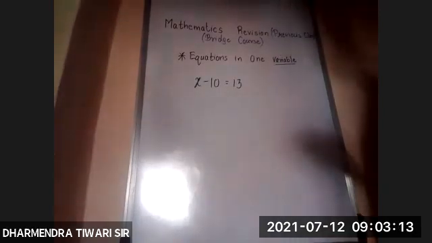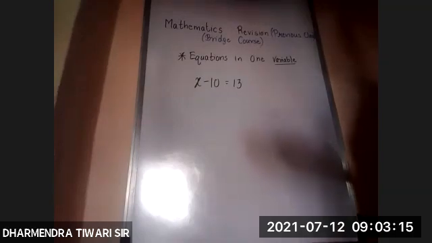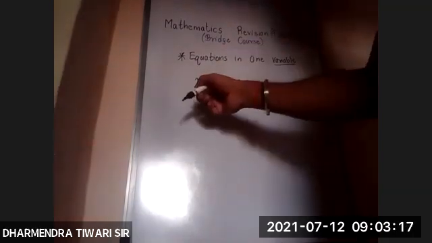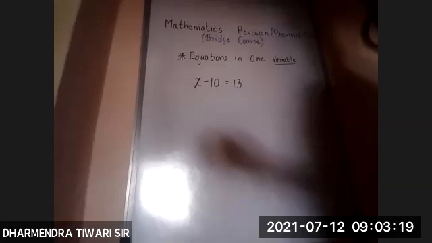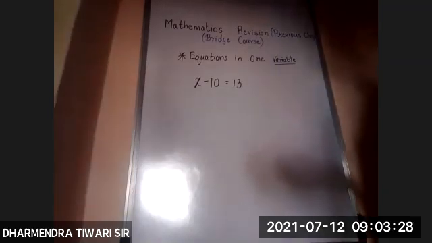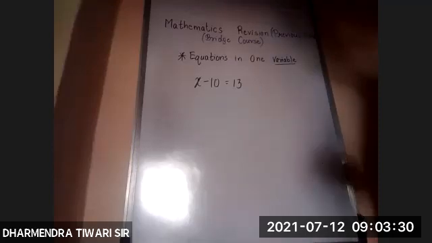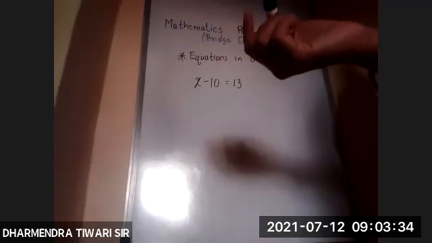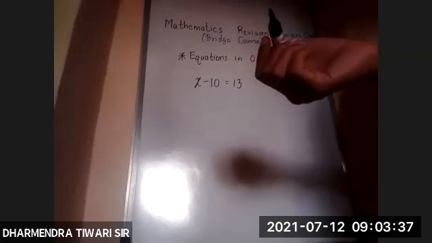Now in this case, if we substitute 23 here, by direct calculation, 23 minus 10, we will get the answer 13. But how to get this value, and what is the concept or reason behind it? Whenever somebody asks you, please explain this, I'm not getting it, you should do all the basic steps which are required, which I'm teaching you right now.